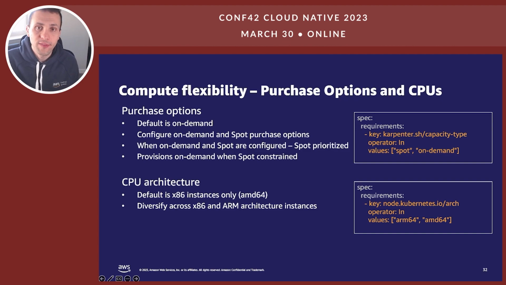That means it will look for the specific architecture type that your pending pod needs, and if it needs an ARM, and there is no capacity available in your cluster, it's actually just going to go and deploy a new ARM Graviton2 EC2 node. But you can also do that for AMD 64.